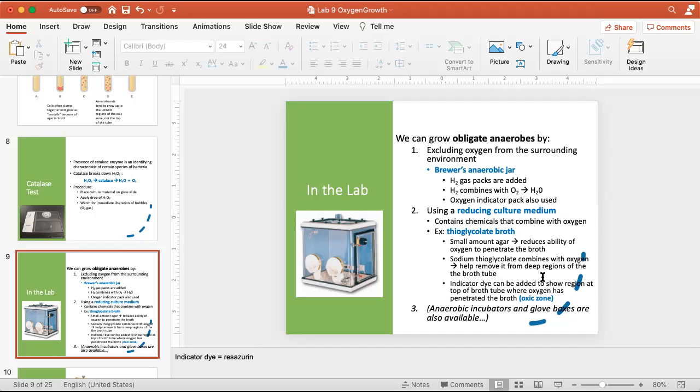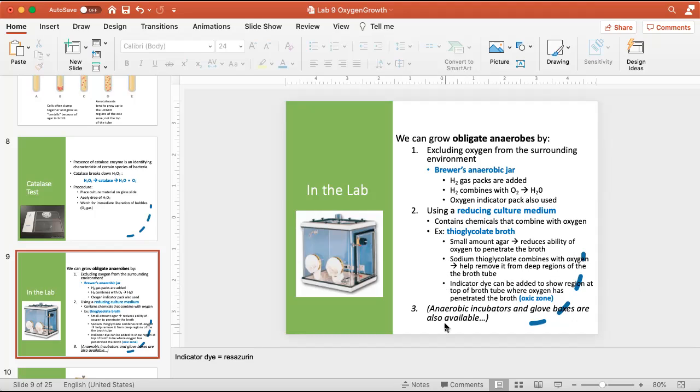You get an oxygen-rich zone, or an oxic zone, and then down in the deep regions, you get an anoxic zone. And as I said, you can put an indicator dye in this broth, and it will show you where the oxic zone is, where the highest concentrations of oxygen are, up at the top of the tube.